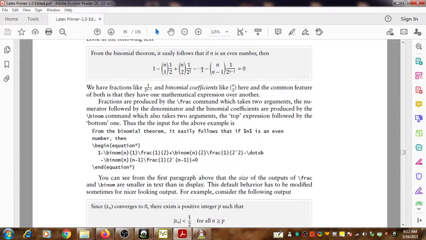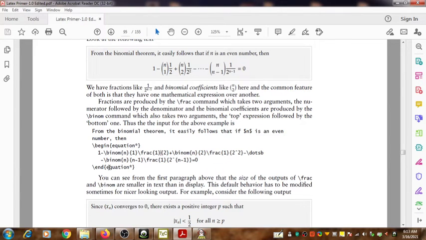Depending upon the position of the dots that you require, you have to make changes in the command. If you want the dots at a lower position, you can use \dotsc, and likewise you can vary that command depending upon the situation. Here the \dotsb command is used.